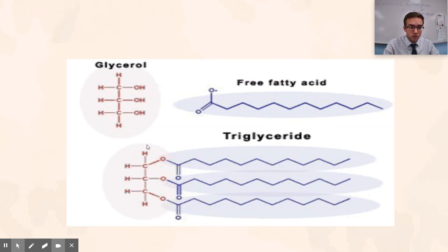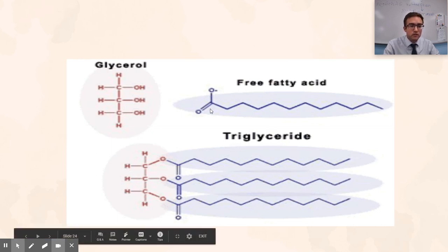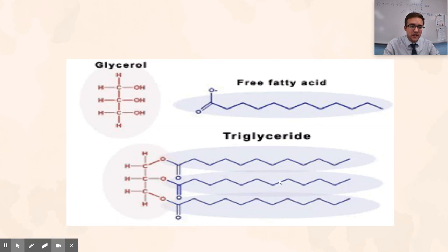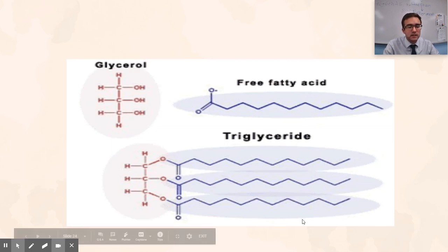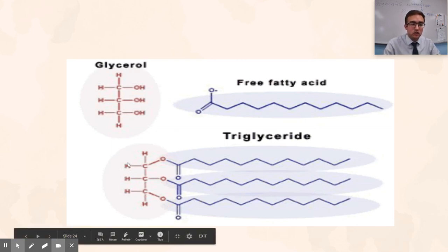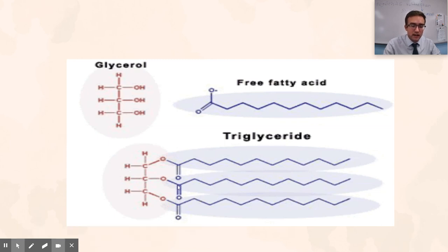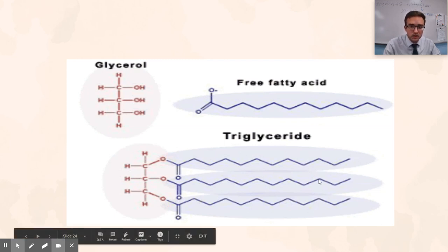So we have a glycerol here, and then we have three fatty acid chains. Triglyceride: glycerol with three fatty acids in it. This is what a lot of the fat in your body looks like. It's in a triglyceride form. So be aware that this is what your body will store fat as, a triglyceride.